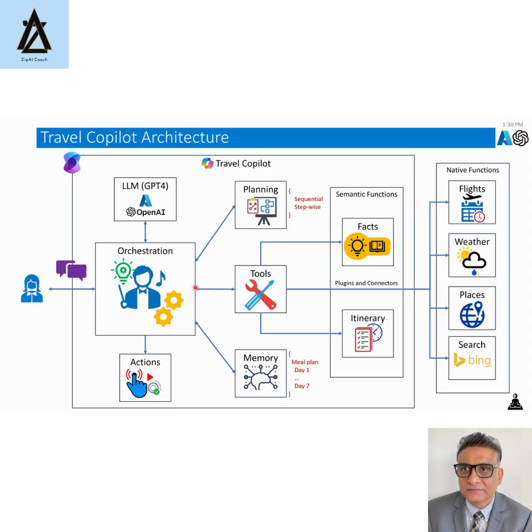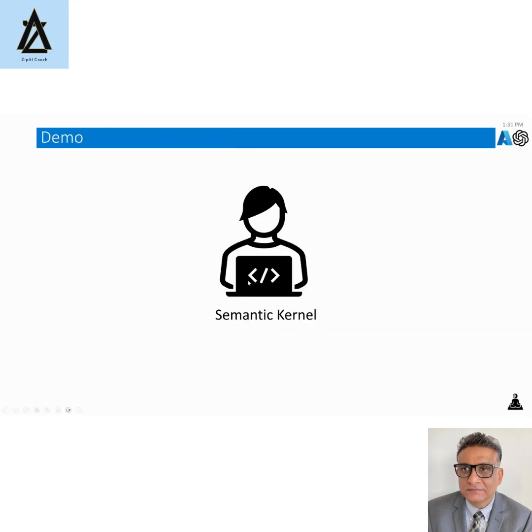The number of tools defines what an agent is capable of doing. So in this case, there are two types of functions you can write in Semantic Kernel: semantic functions and native functions, and I'll show you a demo of it.